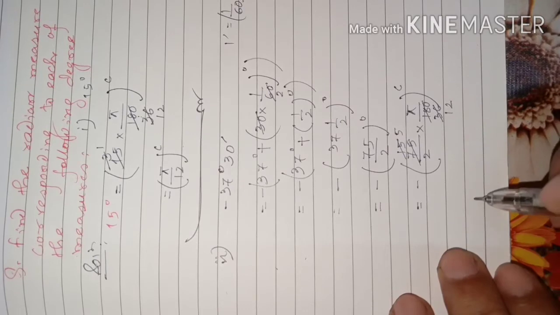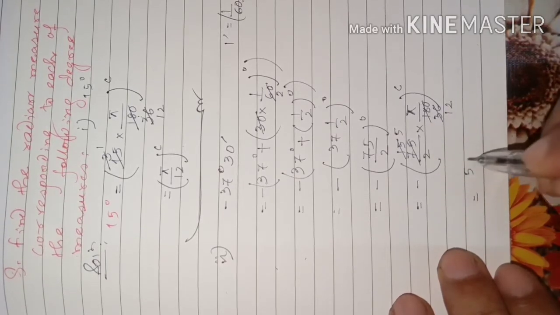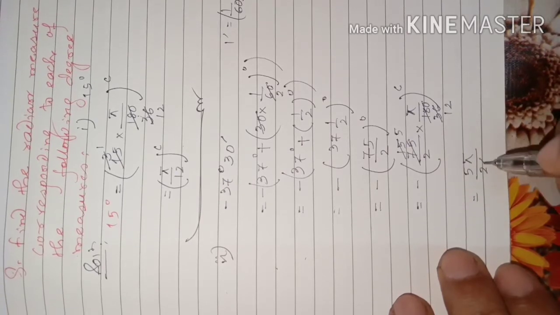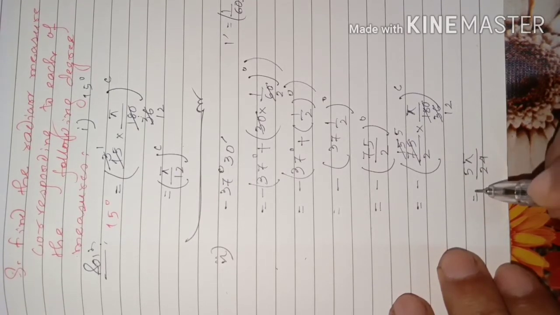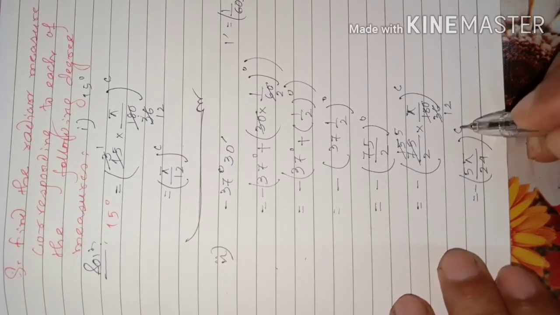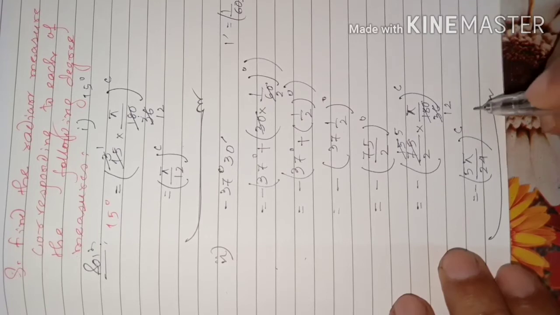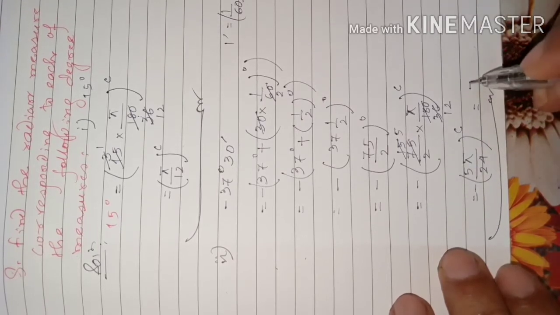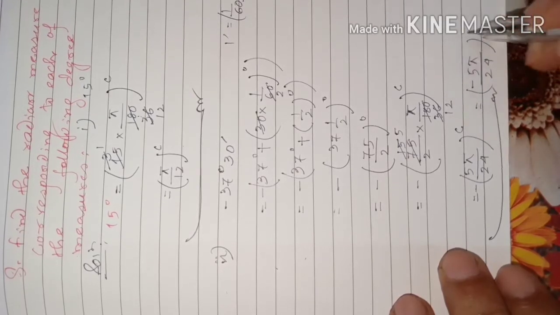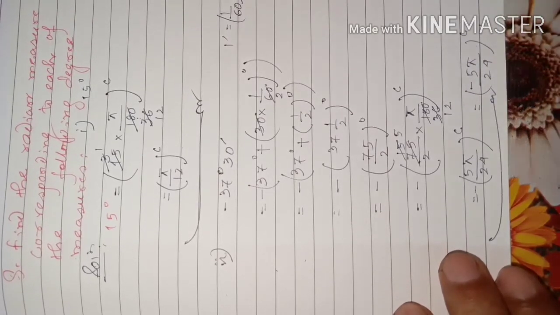So we have 5 pi by 2 into 12, 24. Minus 5 pi by 24 radian. This will be our answer. Okay students, or you can keep this minus sign inside also: minus 5 pi by 24 radian. This is our answer.